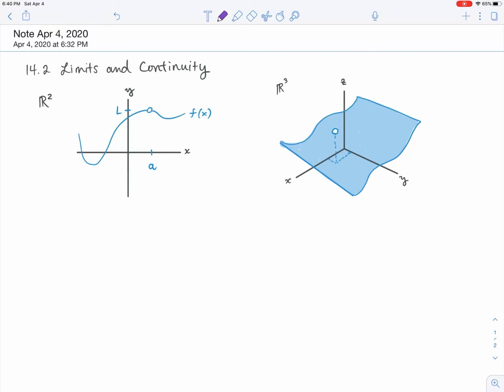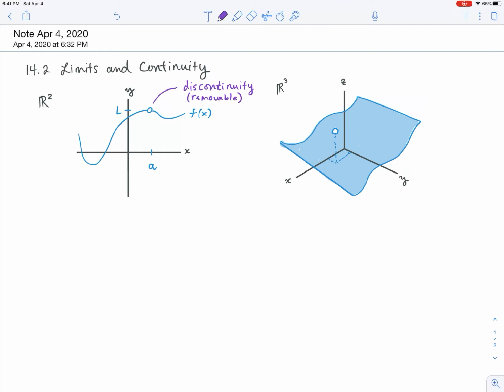Okay, this is section 14.2 on limits and continuity. So in R2, if you remember, this hole here is called a discontinuity, and this is the removable type. Everything else tends to be analogous.